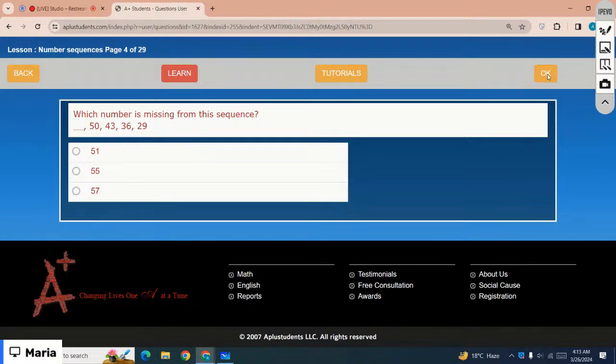Okay, the next one is, which number is missing from the sequence? So which is the correct option? Which is the next one?